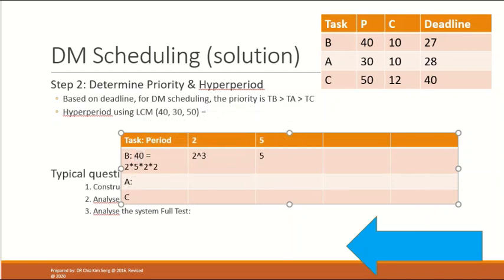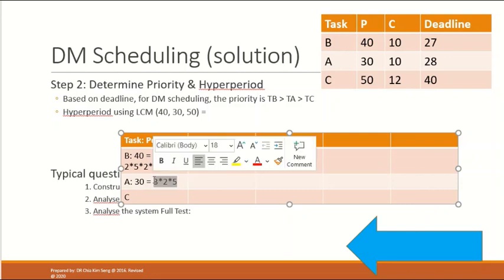Second, task A, we have a period of 30. How are you going to get 30? You need 3 multiplied by 10, and 10 is equal to 2 multiplied by 5.